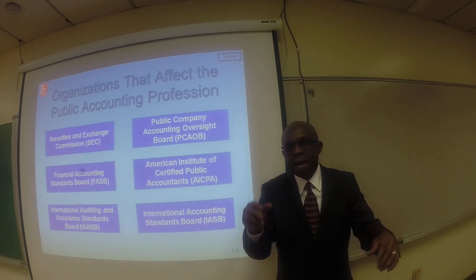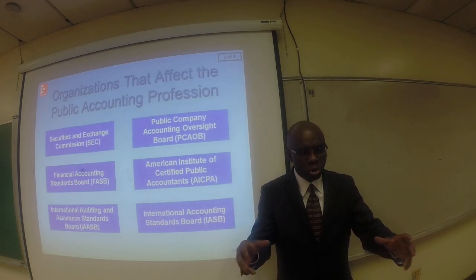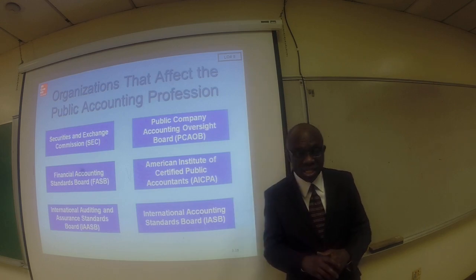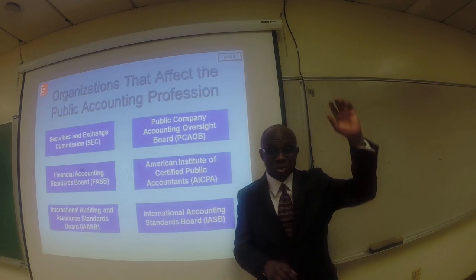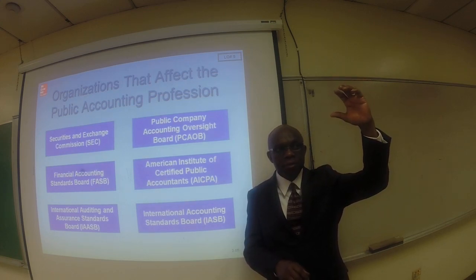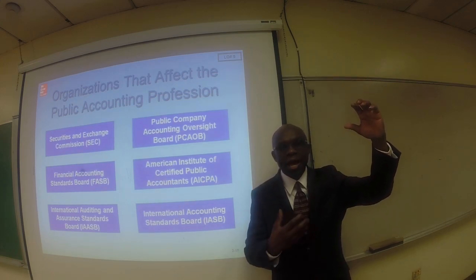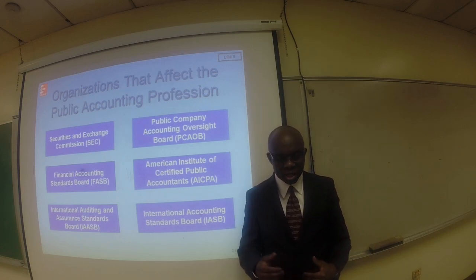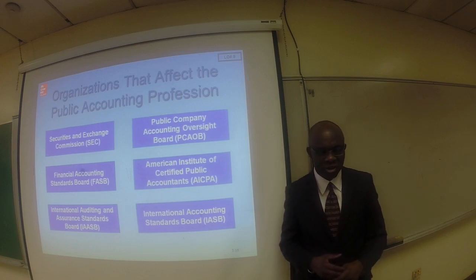So you go out there and buy stocks, bonds, commodities, options. The SEC is the police force. And the SEC is also very important because they actually have the ultimate responsibility to establish accounting rules. They don't actually do it because they pass the responsibility to the next organization, and that is FASB.